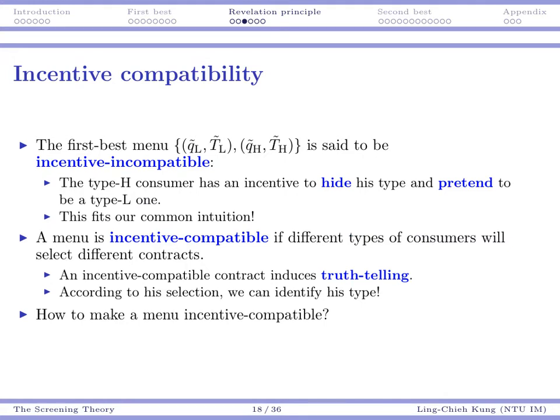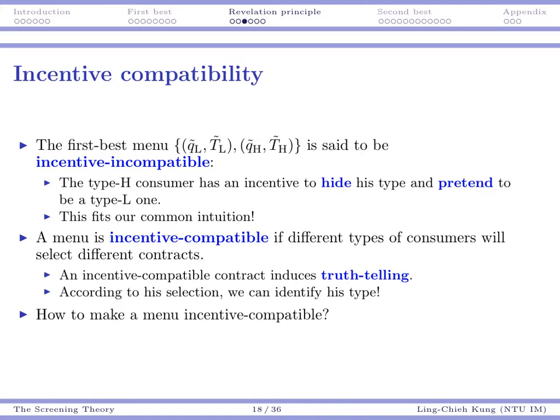We say that this particular offer is incentive incompatible. What does that mean? This happens when one type of consumer pretends to be another type. In this example, if you are high type, you will choose the low contract. And we say the high type guy is pretending to be a low type.